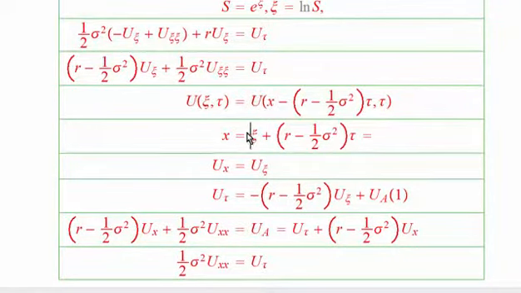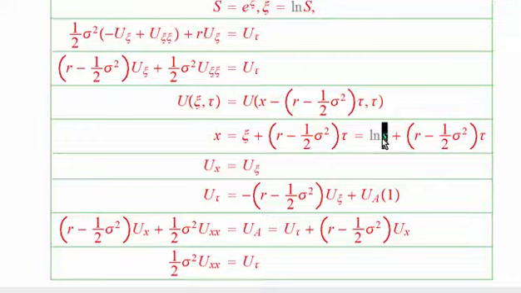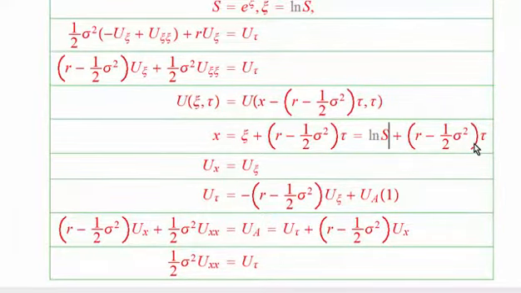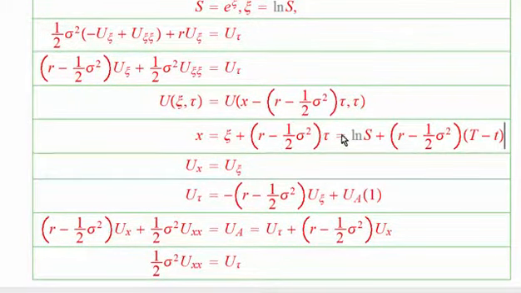This is C xi. But what is that supposed to be? That's supposed to be ln S. So the ln of the stock plus this piece, and I know what tau is, T minus t.